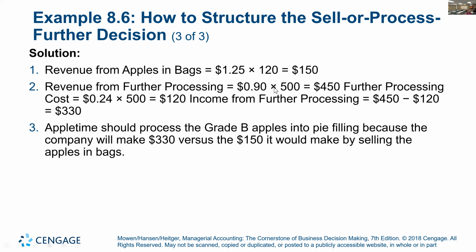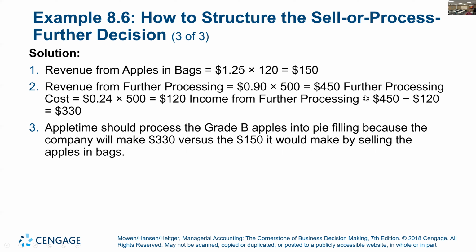We have 90 cents a can times the 500 cans is 450. But we need to subtract out how much it would cost for further processing. 24 cents a can times 500 equals 120. So it's going to cost us $120 to process it further.